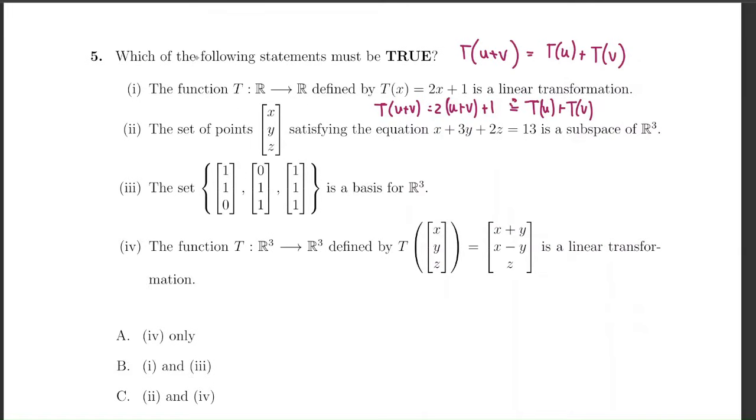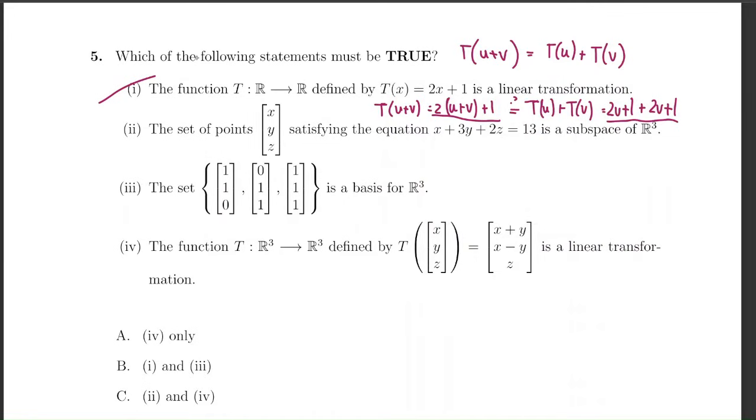So T of u is 2u plus 1, and T of v is 2v plus 1. Hopefully you can see that this is definitely not equal to this. So because of that, this transformation is not closed under addition, so this is not true. It's not linear.